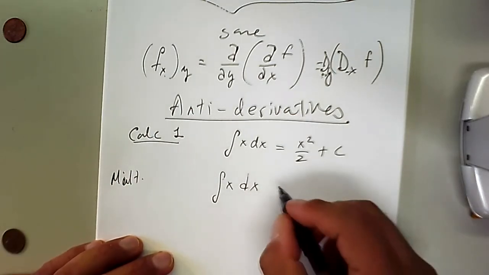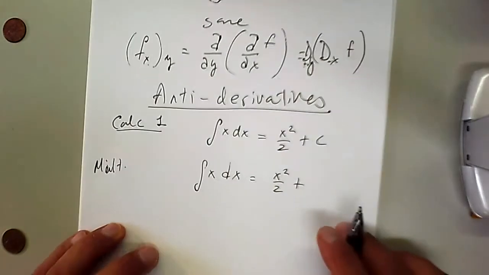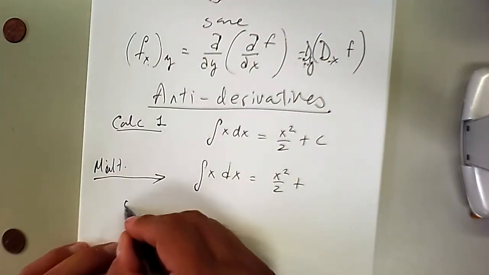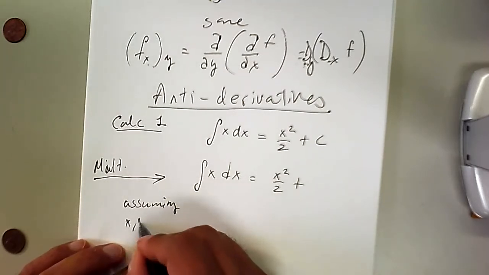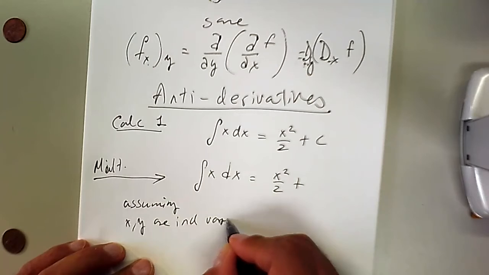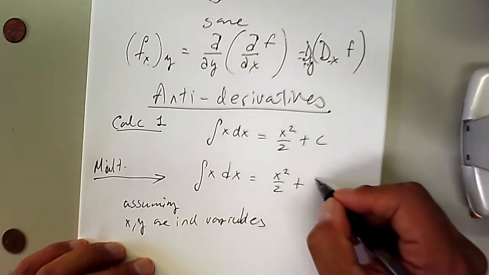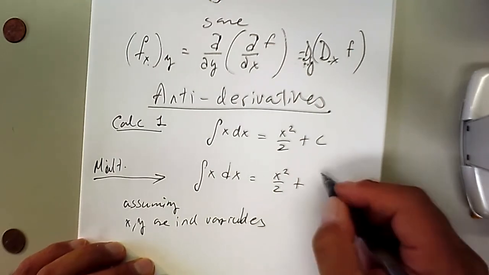it's going to be x squared over 2, yes, but assuming x and y are independent variables, inputs, then the constant is not just a constant, it could be any function of y.